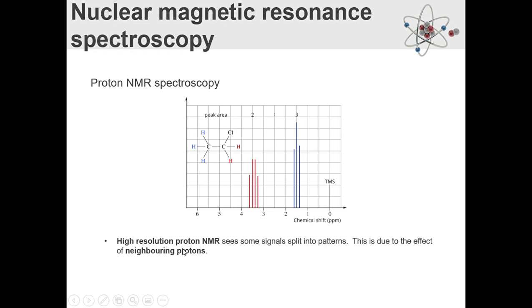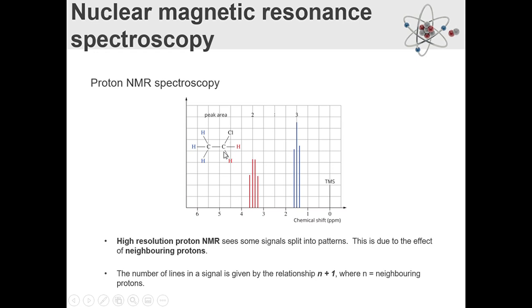High resolution NMR sees some signals split into patterns. This is due to the effect of neighboring protons. The number of lines in a signal is given by the relationship n+1, where n is the number of neighboring protons. Now, here, this is our peak at 3.5.